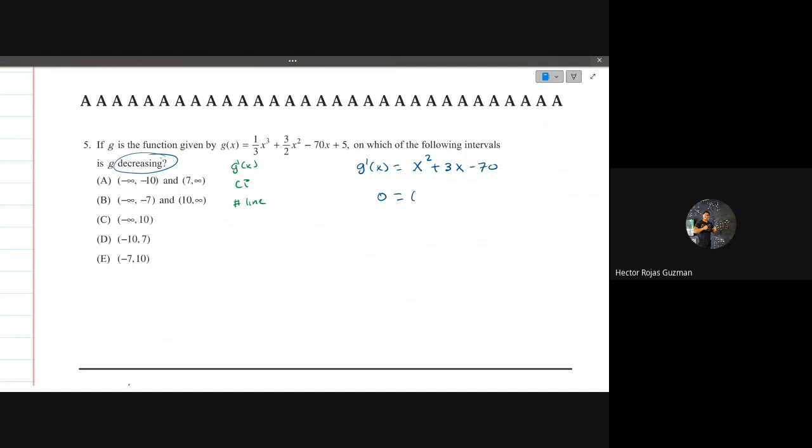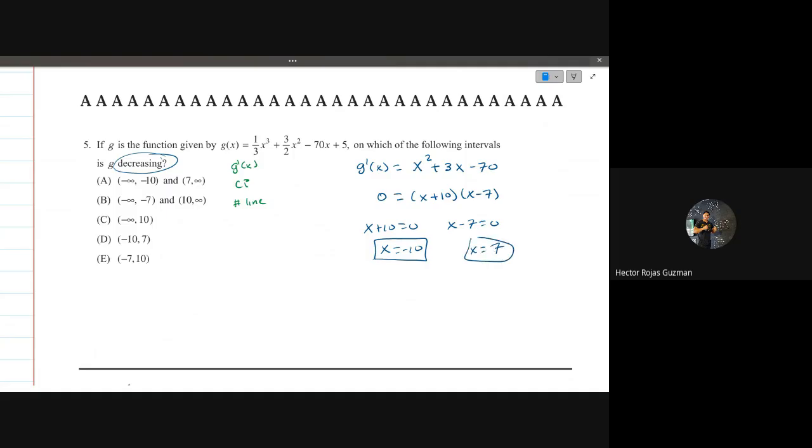All right, let's try to factor this guy out. Plus 10, minus 7. Set the factors equal to 0 and solve for x. Okay, there's my critical points.